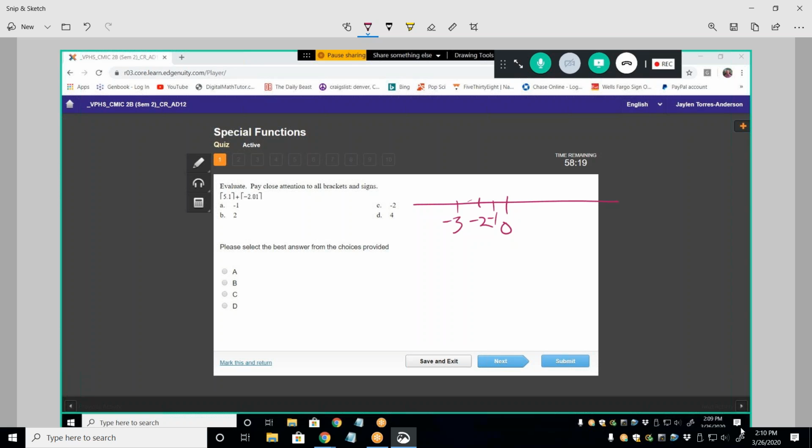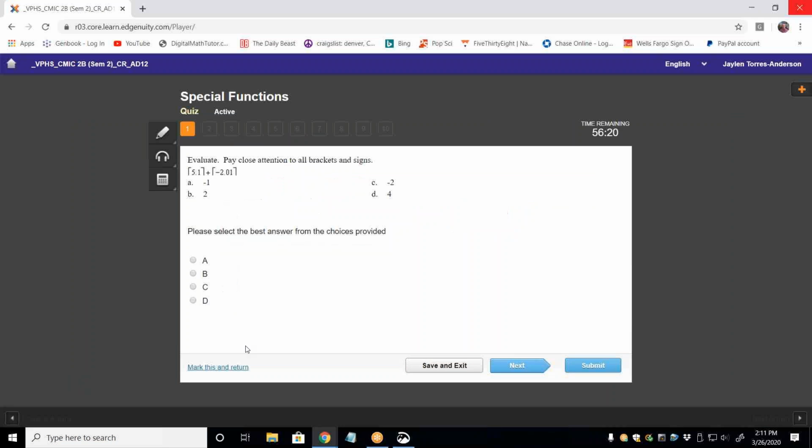You with me? So negative 2.1 is somewhere like that. Negative 2.1. So if you go to the right, what's the first integer you come across? There you go. So this is 6 plus negative 2 plus 4. Got it? Okay. So let me go ahead and erase my drawing screen, and we'll put in 4.